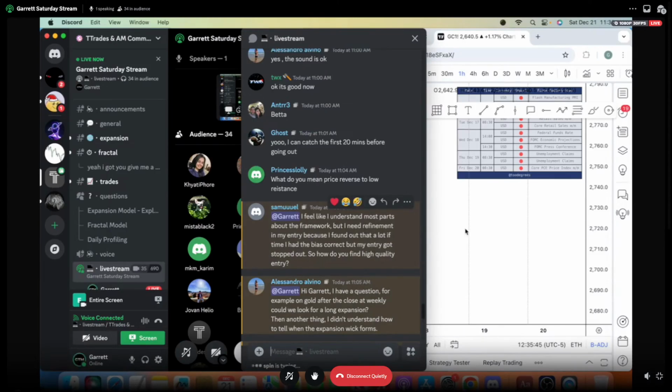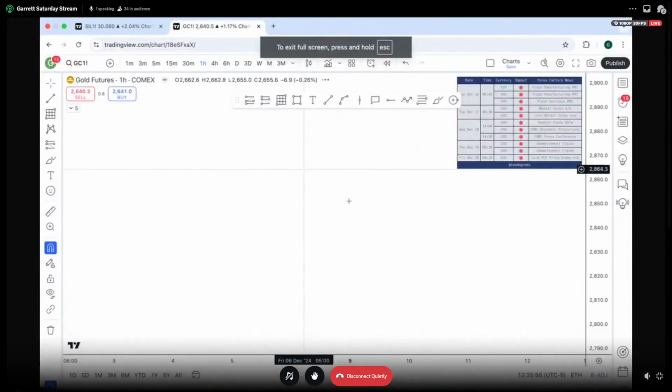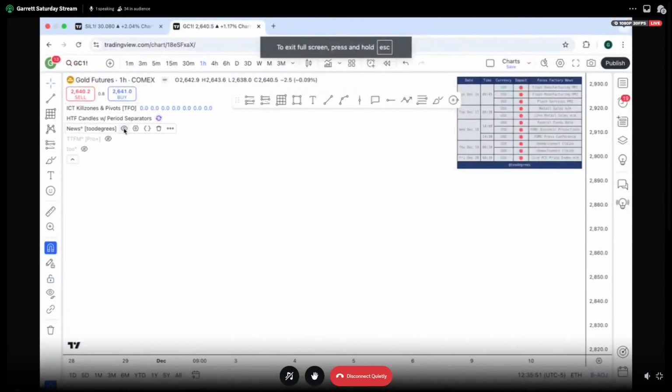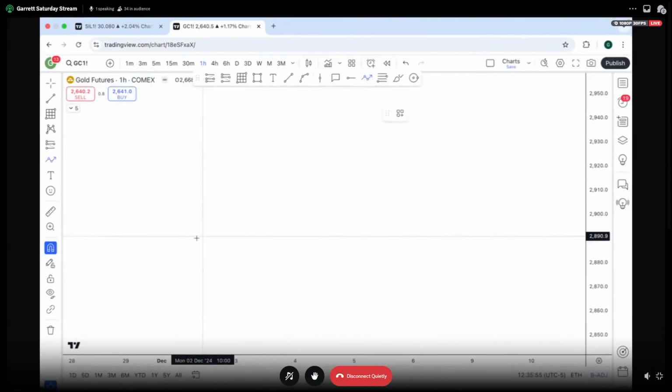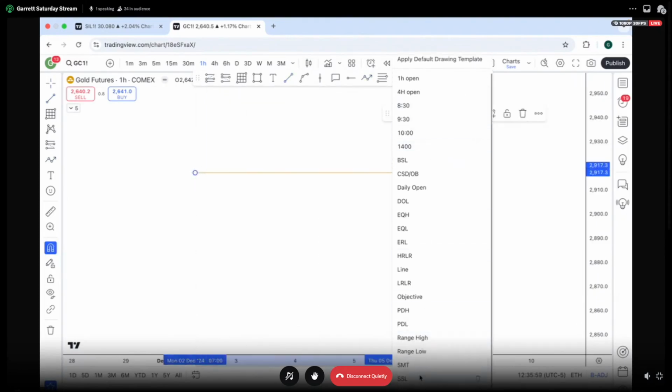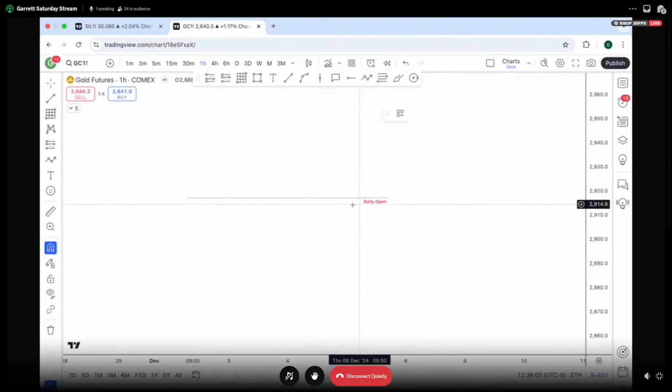I have a continuation. This is basically, I'm just going to draw something for you real quick. So ideally, I want to trade the manipulation of the daily range. So let's say we open up here, the daily open, let's say, and my bias is bullish, right? We're drawing towards something. This is how I basically use daily profiles.